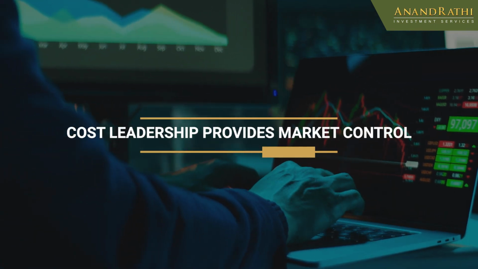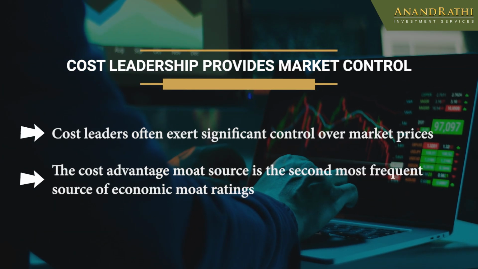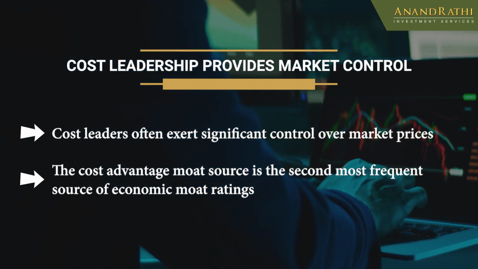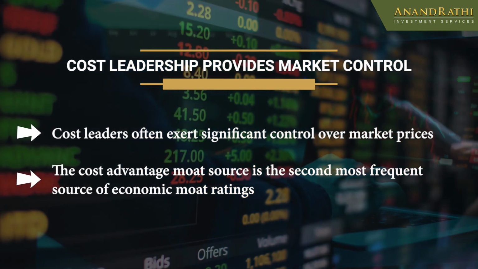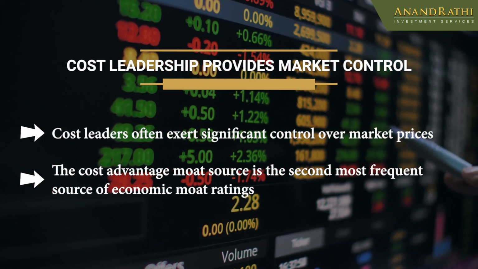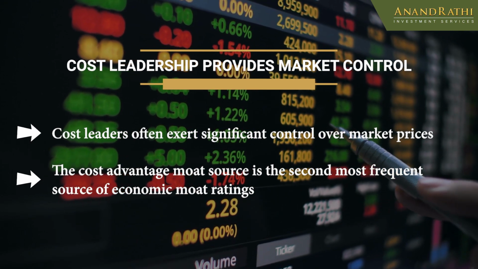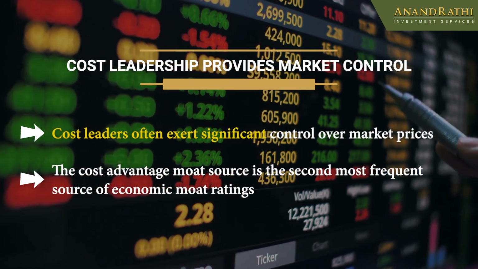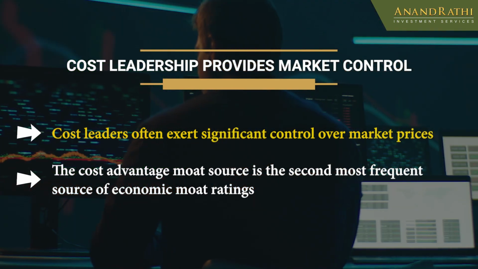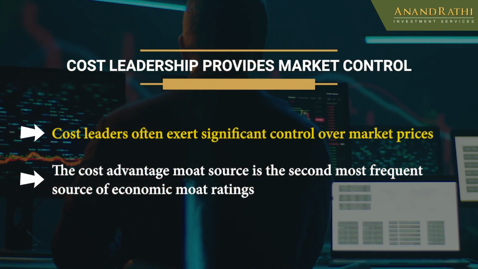Fourth is cost leadership, which provides market control. Companies that are able to produce and offer products and services at much lower cost than their competitors are often able to achieve higher profit margins. Within many industries, cost leaders often exert significant control over the markets and prices, which gives them an advantage over competitors.